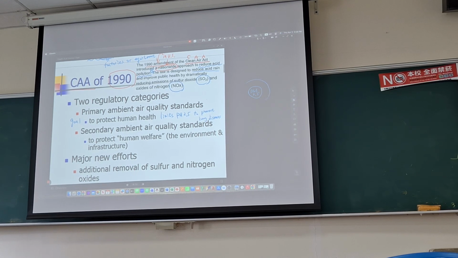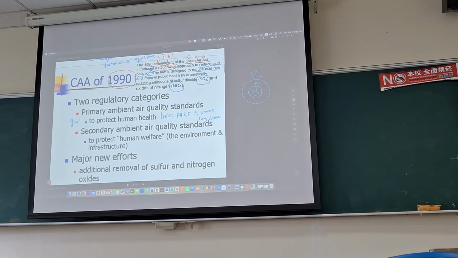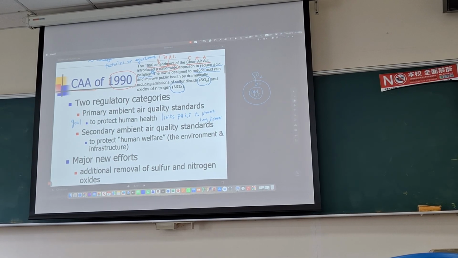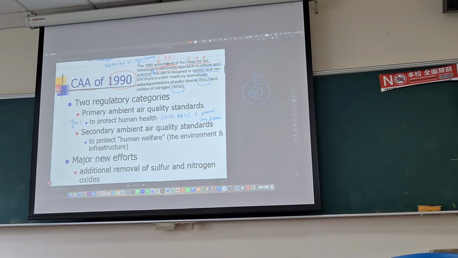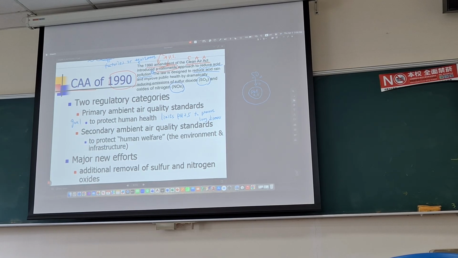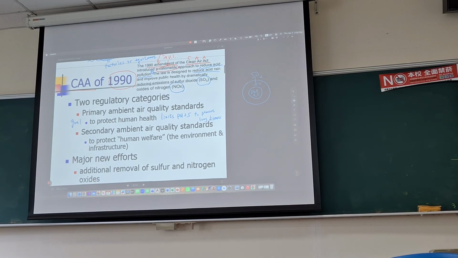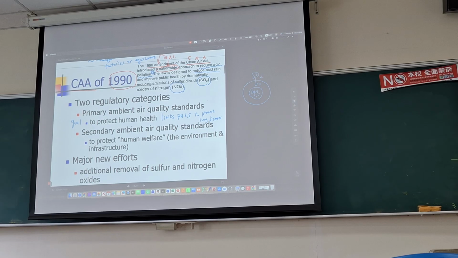If the sulfur dioxide is coated around the PM 2.5 and you inhale the PM 2.5 into your lung, and your lung is moist, right? You've got some water in your lung.